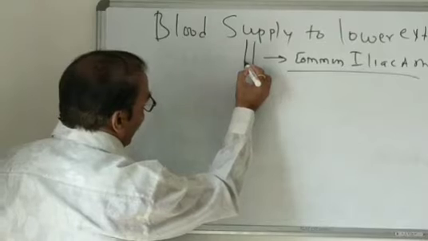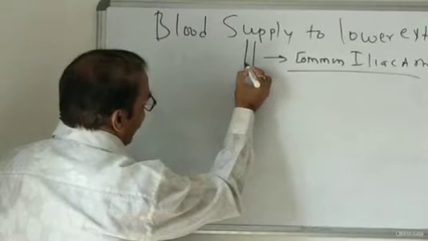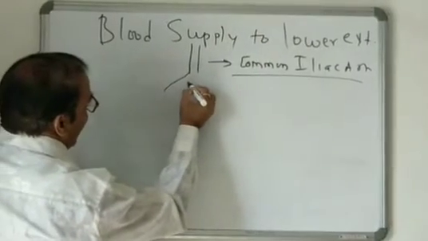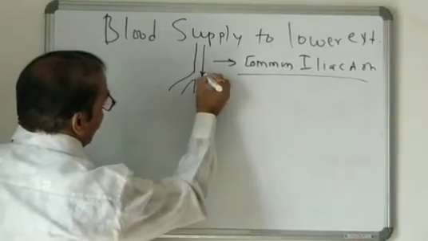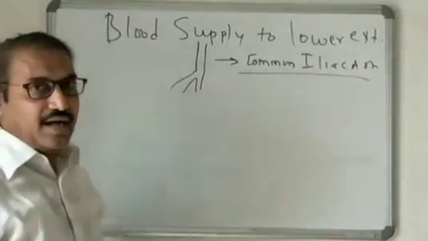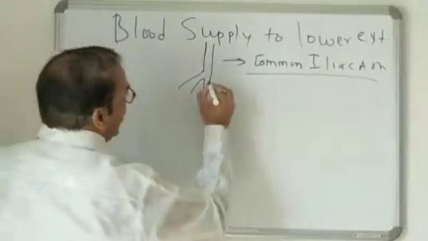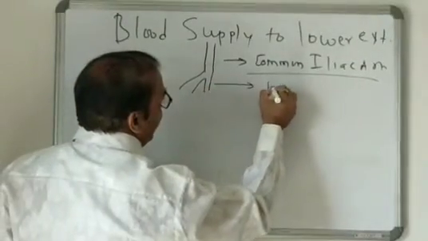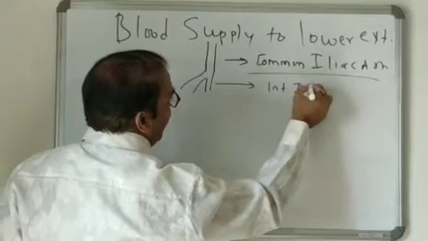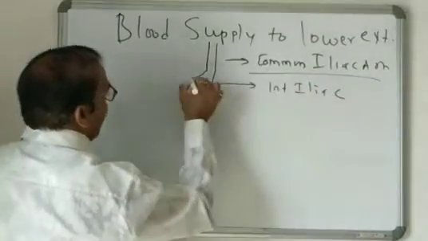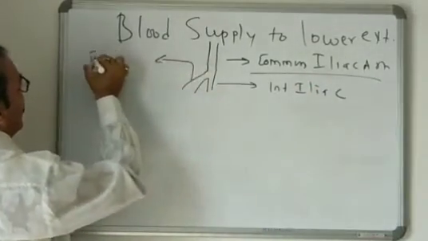The common iliac artery, right as well as left, both arteries are present here. It gives two branches. See, this is the internal iliac artery, and this is the external iliac artery.